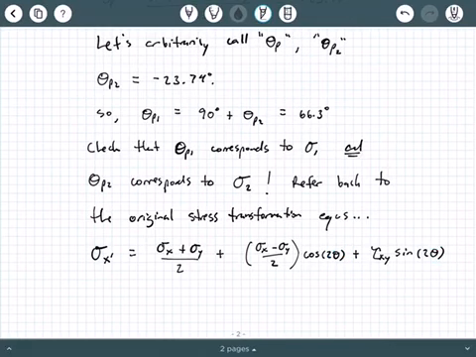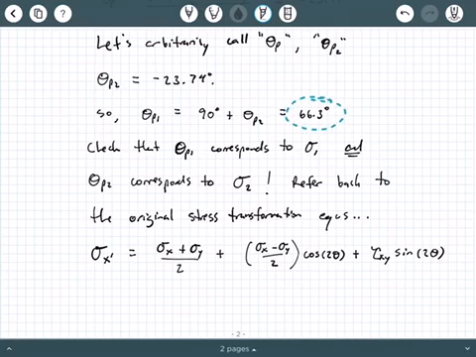So that formula is one that we've used before. So here's what we do. We substitute one of these theta values. It doesn't matter which one. We substitute one of these theta p values into this equation along with the other sigma and tau values that we know.